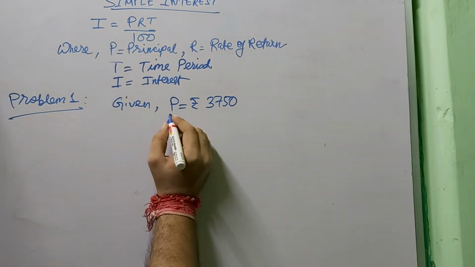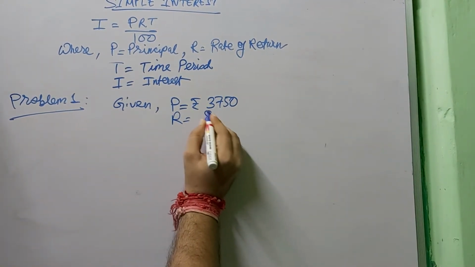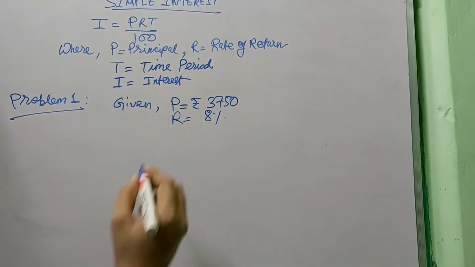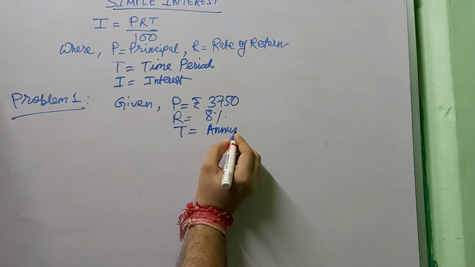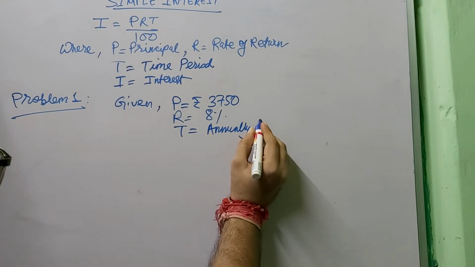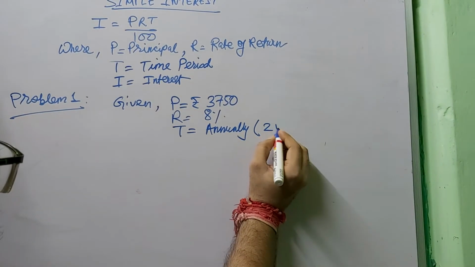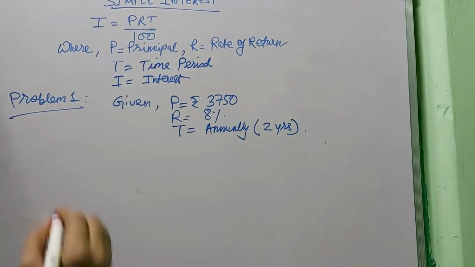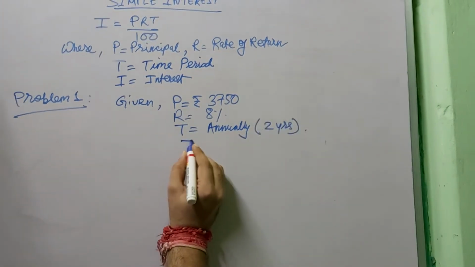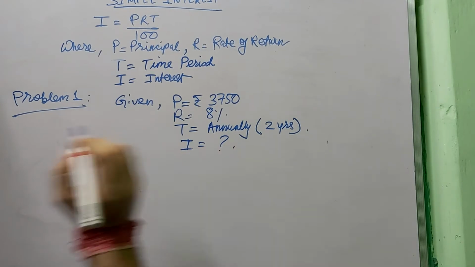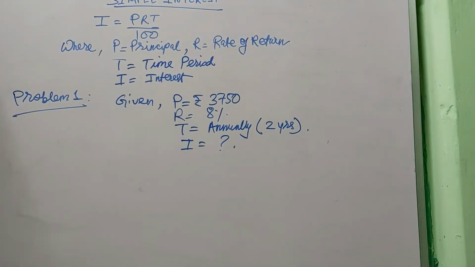R is given, 8%. Time, annually compounded, is 2 years, and we have to find out I.